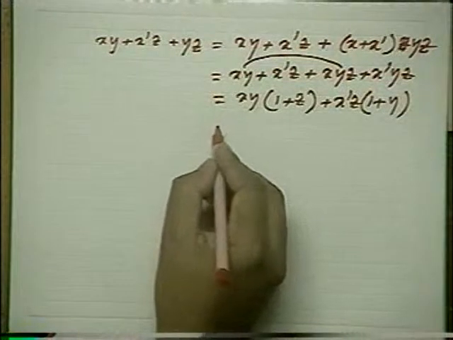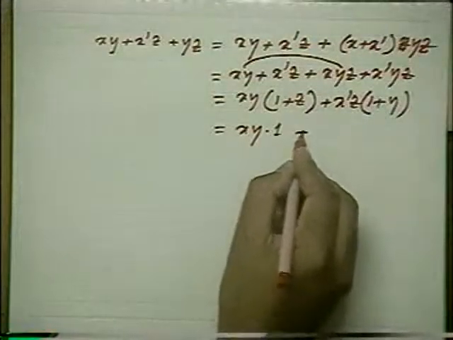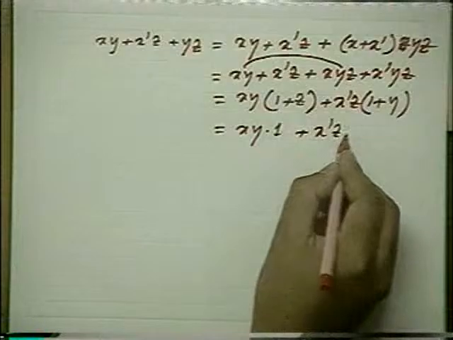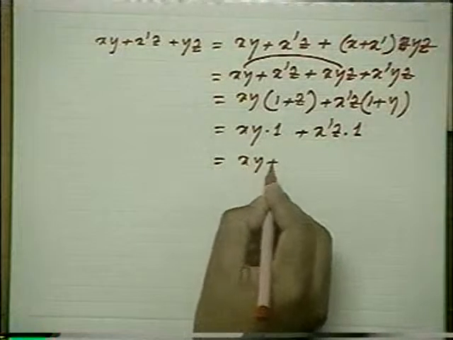This 1 plus z is equal to 1, therefore xy dot 1 plus x bar z dot 1 is equal to xy plus x bar z.